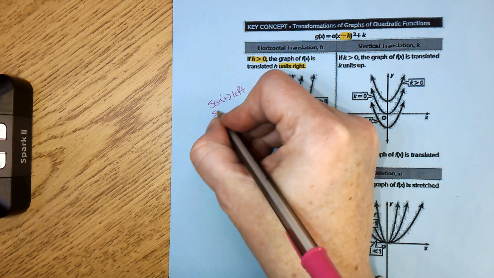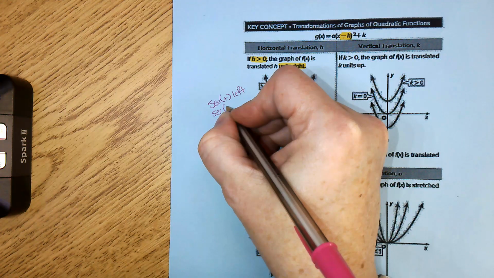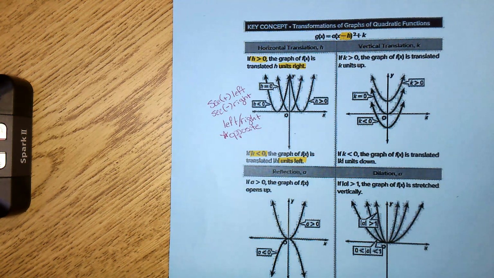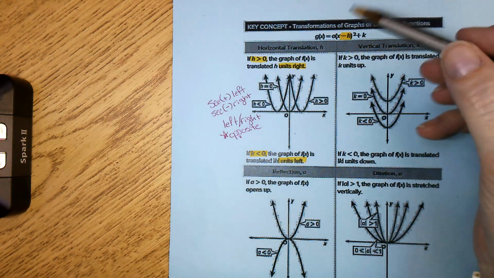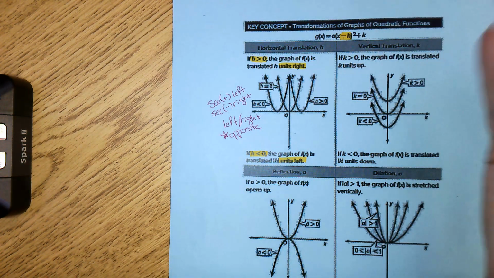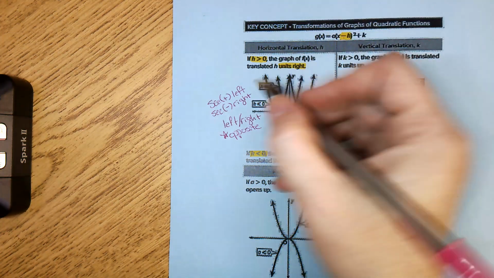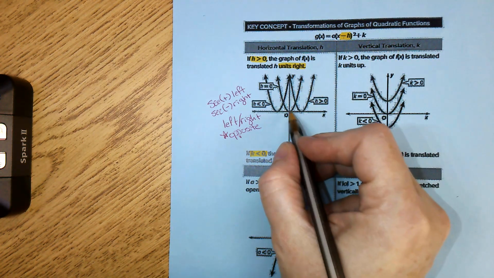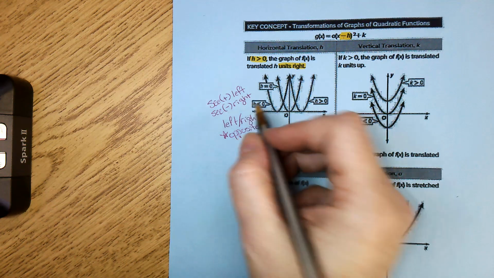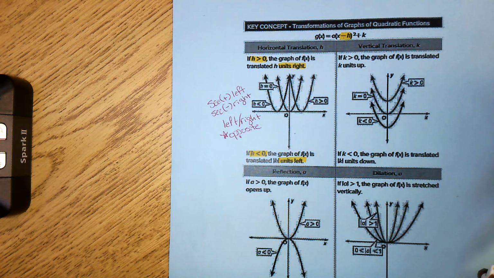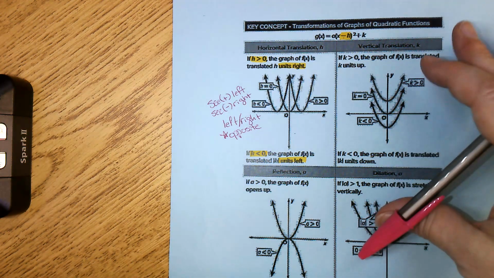And if you see a negative, you're going to move right, because a negative times a positive is a negative, so the negative h times the positive number gives a positive number. Positive numbers go to the right, negatives go to the left. So you've got to think about the opposite. There's our h's.